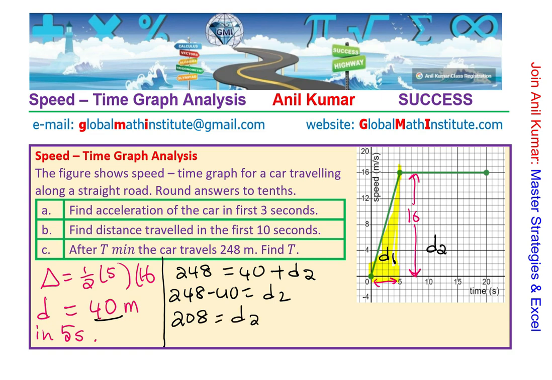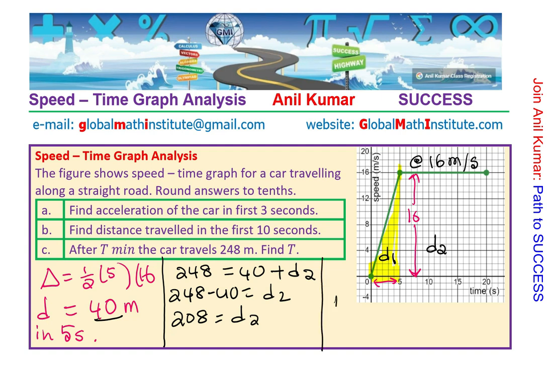So since the car is moving at the speed of 16 meters per second, how much time will it take to cover 208, right? So let's find that time. T will be distance over speed.